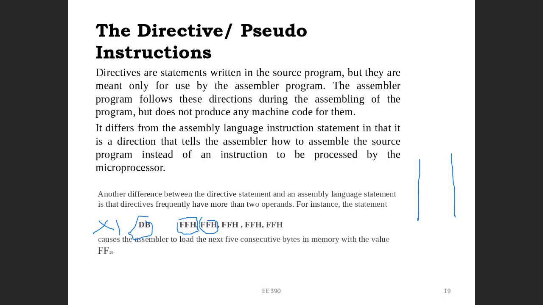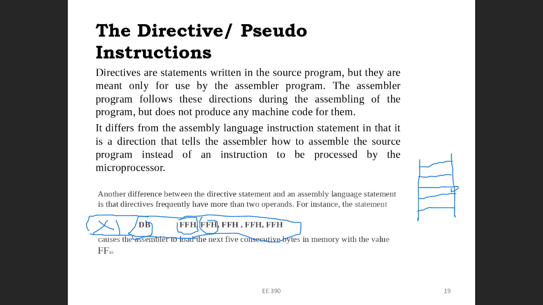So what does x1 DB mean? Here we have, for example, 5 numbers. These 5 numbers are assigned to the string variable x1, and they are saved in the memory as bytes, DB, define byte.